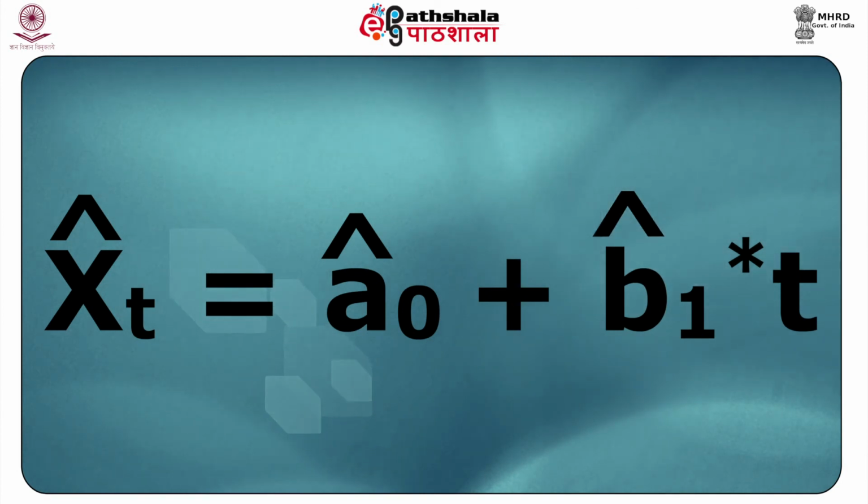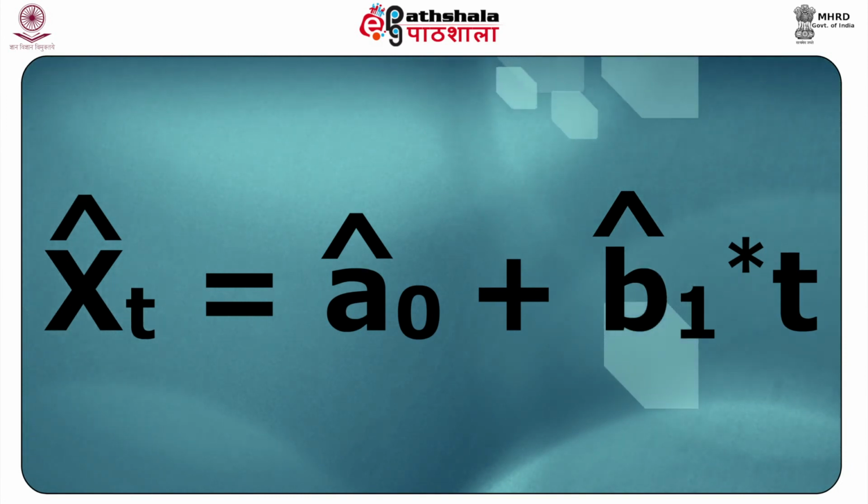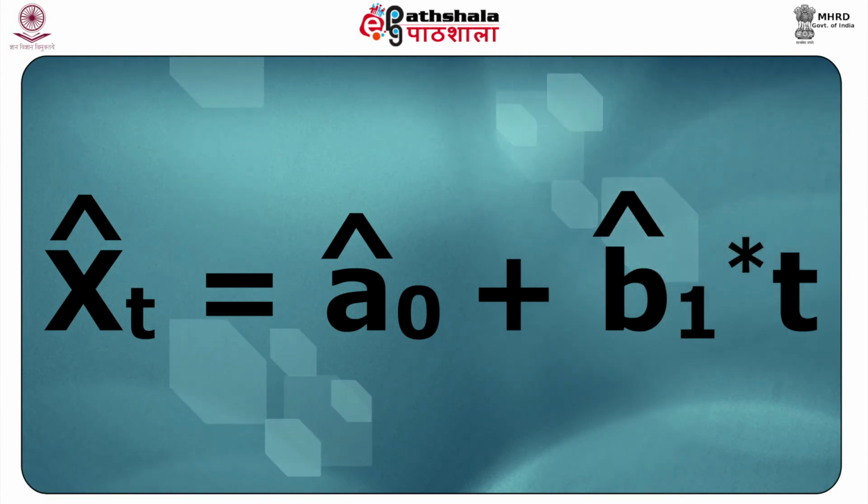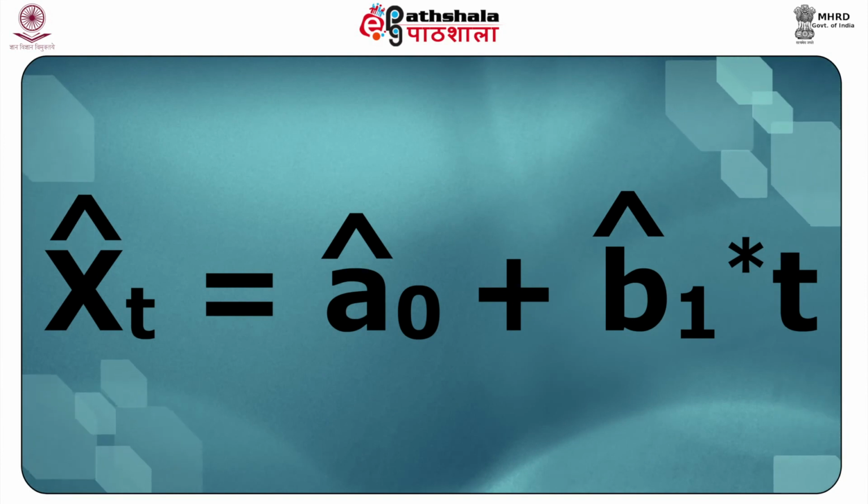For the month of January, the intercept would be a hat 0 plus b hat 1, and for the rest of the months, the intercept would be a hat 0.